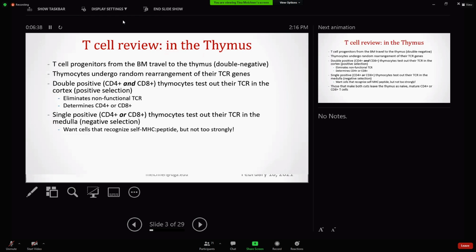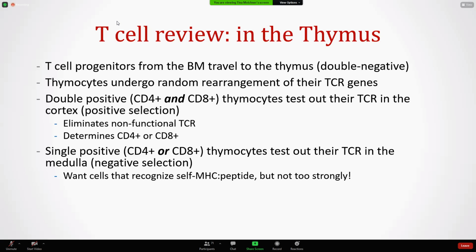Is that better? They probably see the presentation mode.